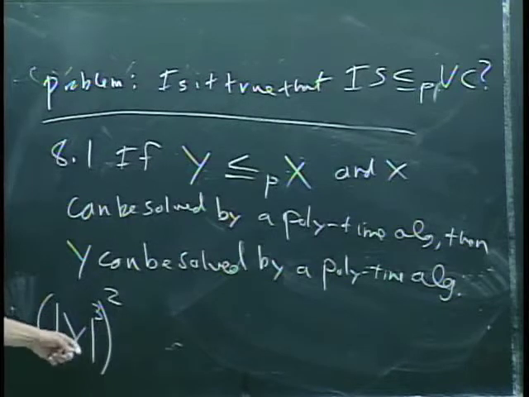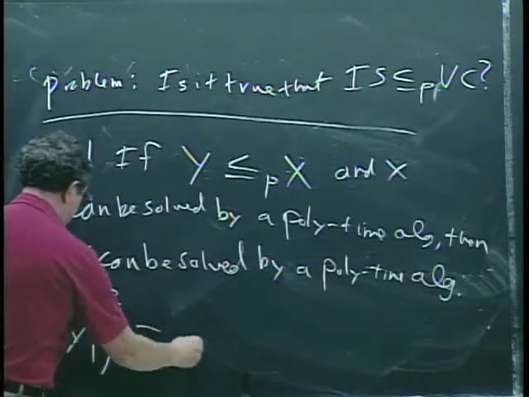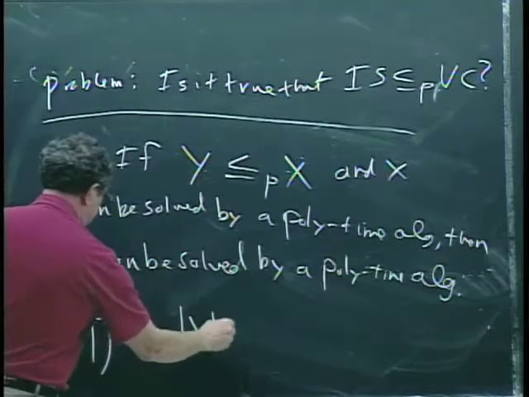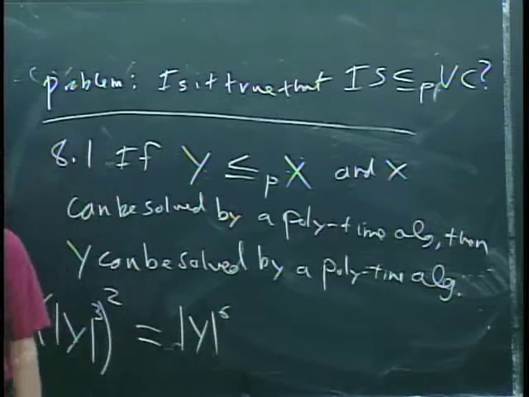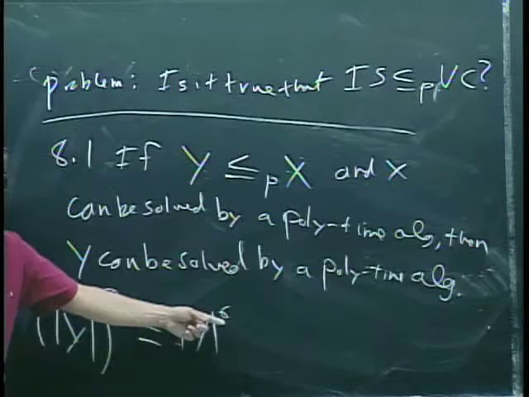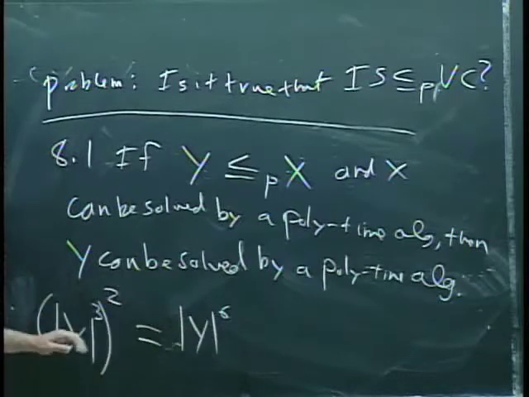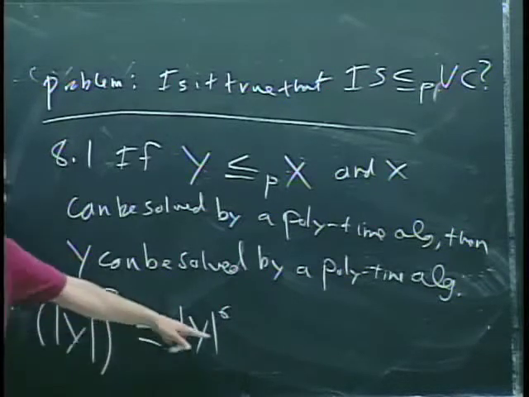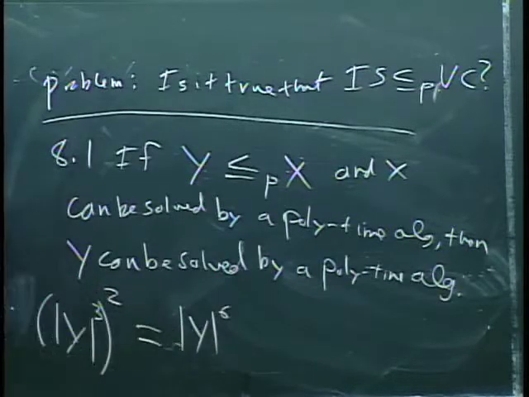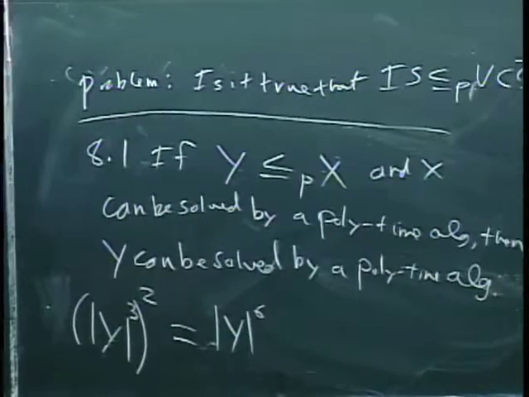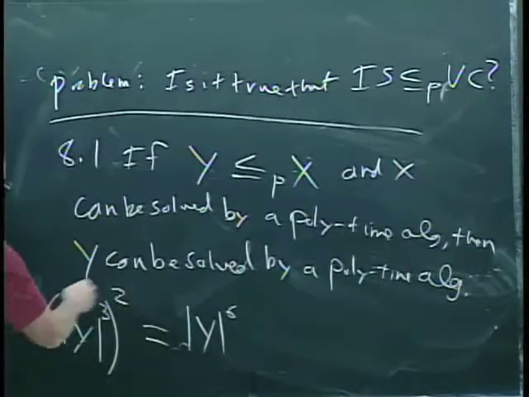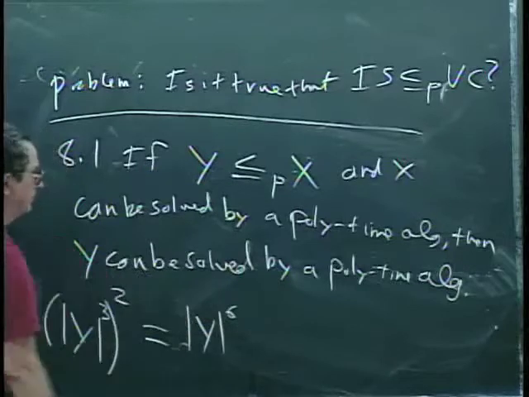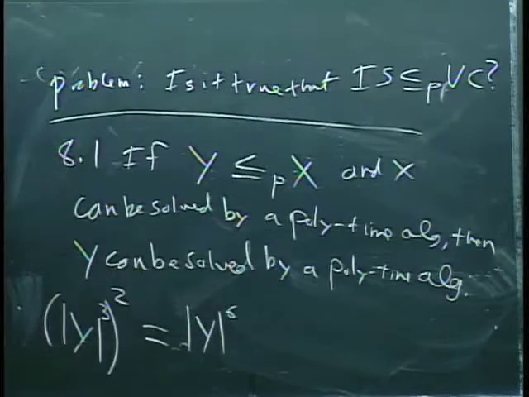So we have y cubed squared, which is equal to y to the 6th, right? Not to the 9th. And that's still a polynomial. Okay, so a polynomial of a polynomial is a polynomial. And if we make a polynomial number of calls, then that has to be factored in there as well. That'll be another exponent, but we still remain with a polynomial.